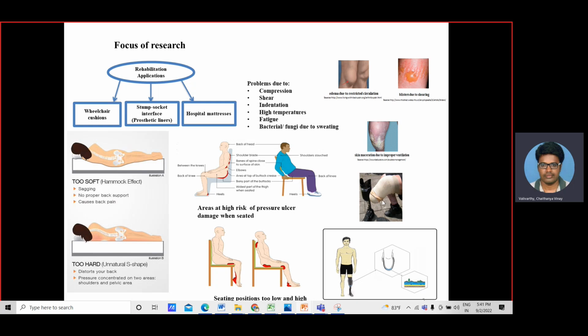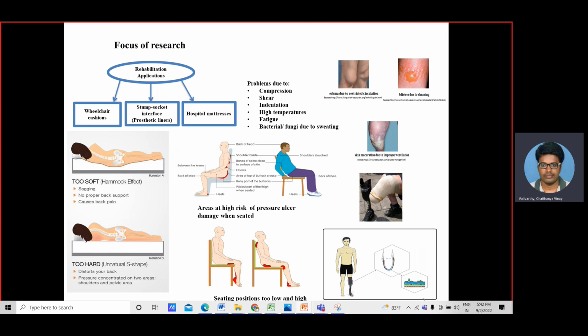This liner improves the comfort of a prosthetic limb user by enabling stress distribution and distributing the forces throughout the limb, so that during activity like walking or jogging, they will get comfort by just enabling the stress distribution.